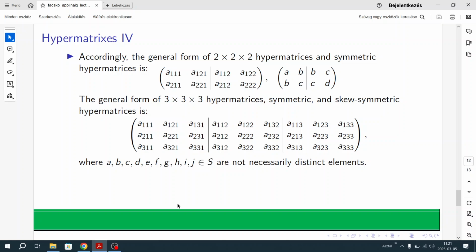That's a very weird object. Okay, next one. We will take a look at this tomorrow.